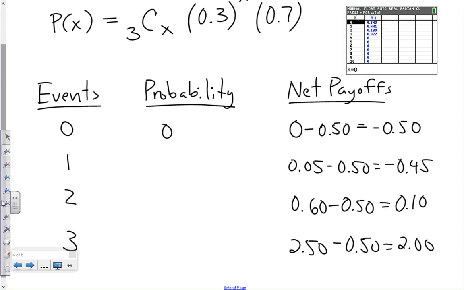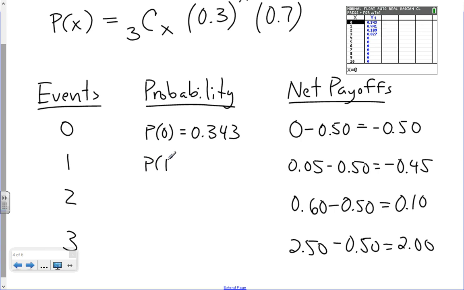Actually, let me write it this way. I'm going to write it as P of 0 equals that. You don't necessarily have to say P of 0, but just so we're clear on what we're doing to come up with that. We're taking that equation up there at the top, plugging in 0, and we get 0.343. And then P of 1 is equal to 0.441.